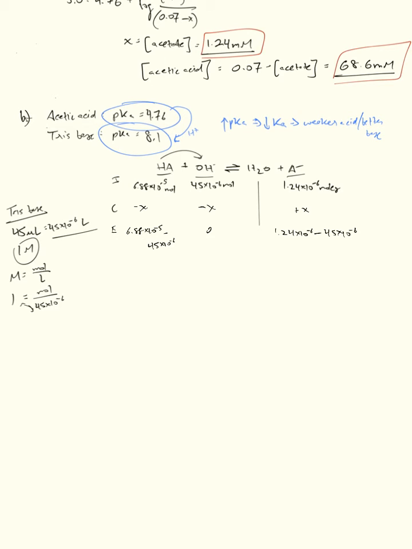Okay, so for my final values then, I'll get 2.38 times 10 to the negative 5 moles, I'll get 0 moles, and I'll get 4.624 times 10 to the negative 5 moles.